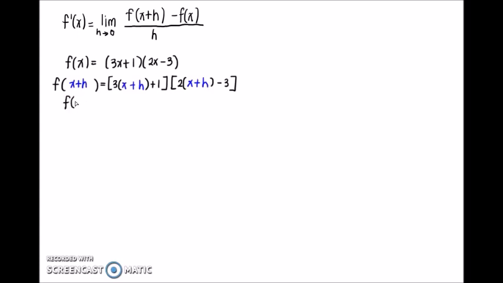So f of x plus h is equal to, so we will have to distribute the 3. So that is 3x plus 3h plus 1 times, distribute the 2, 2x plus 2h minus 3.